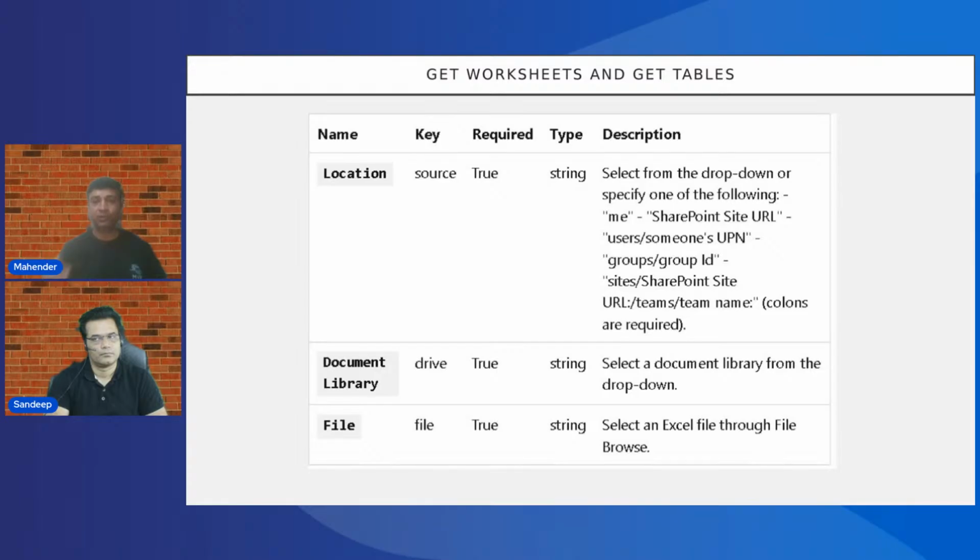Under that drop down you will get different options, and when you select an option, let's take an example where I say I have stored my file on SharePoint. So you will select SharePoint, and next is the document library. Location is the place where you have stored the file, and under that location you may have different kinds of directories, right?